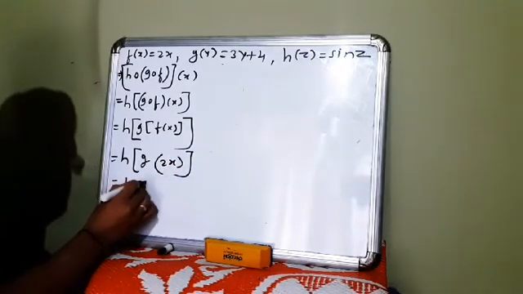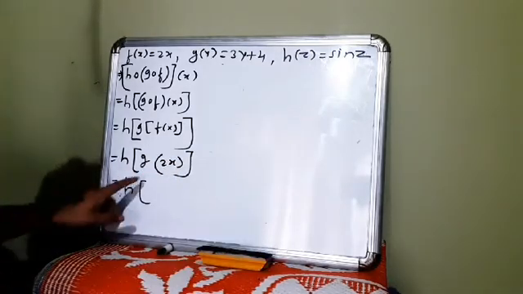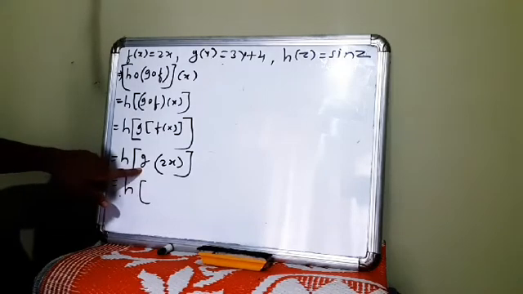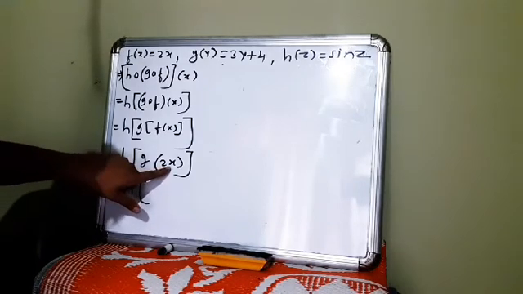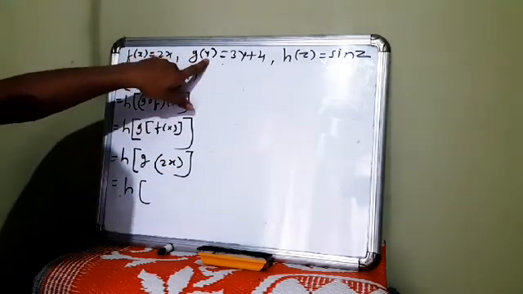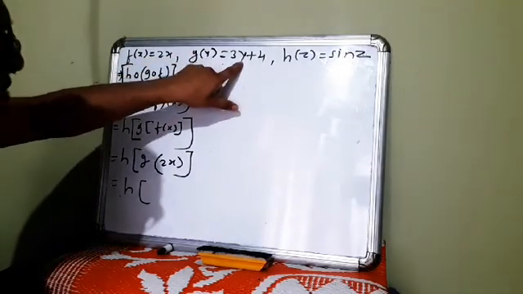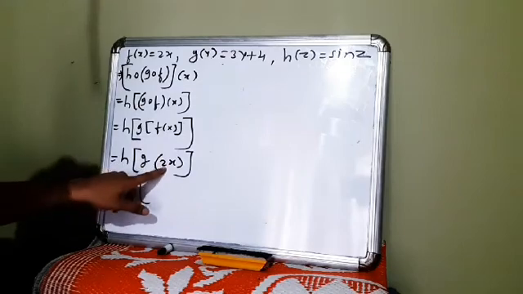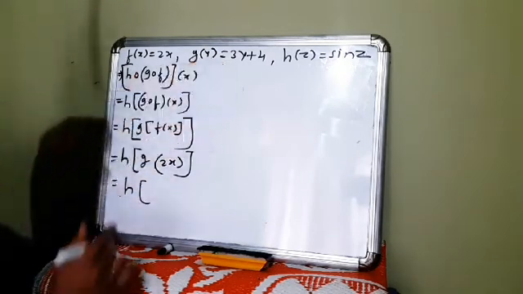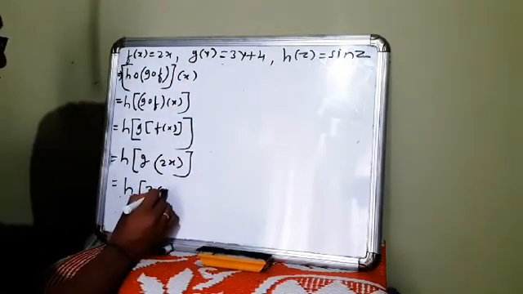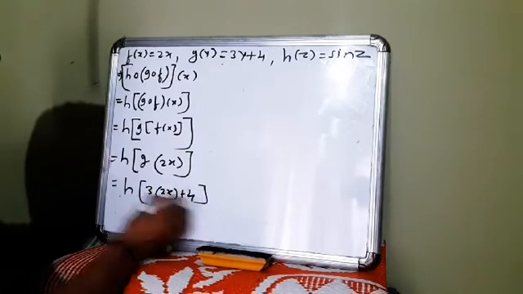Which equals h as it is. Now outside, which function is there? G. In the G function the variable is y, so wherever the y variable is there, in the place of y we have to put 2x. So it will be 3 into 2x plus 4.